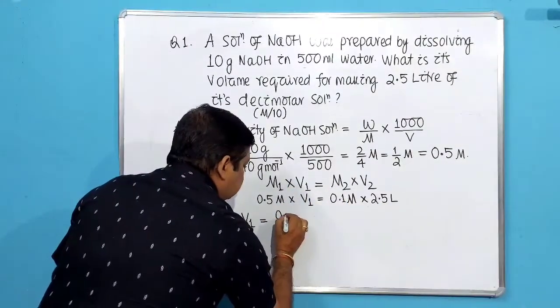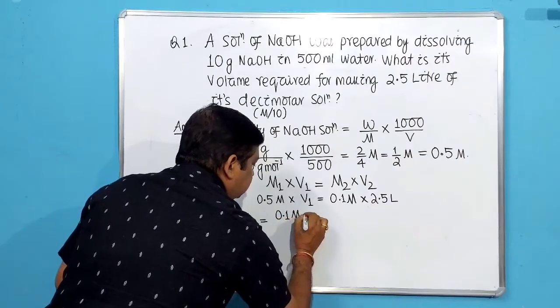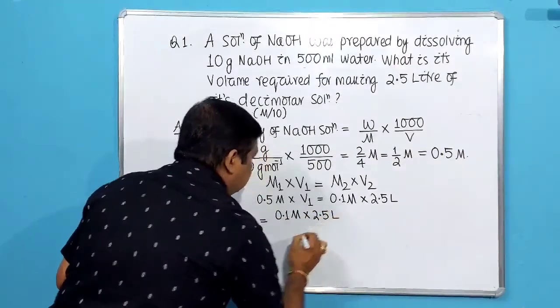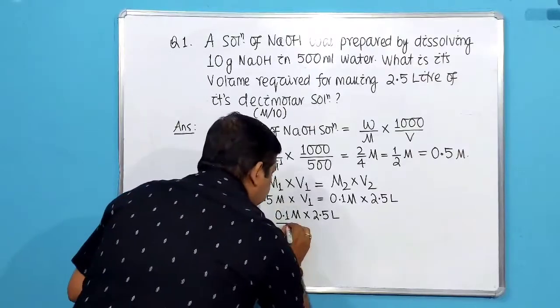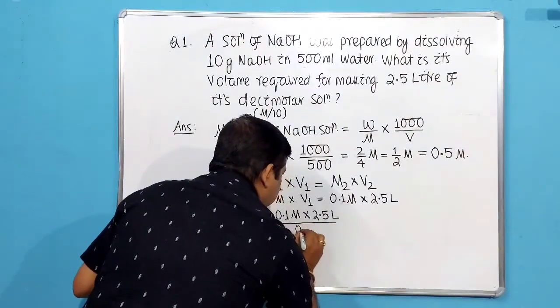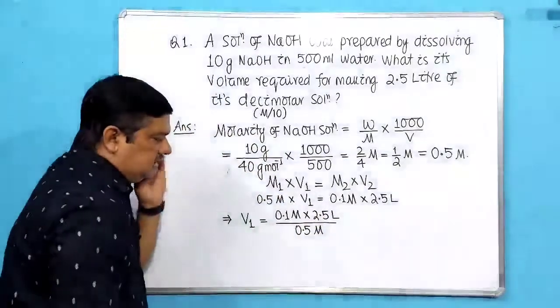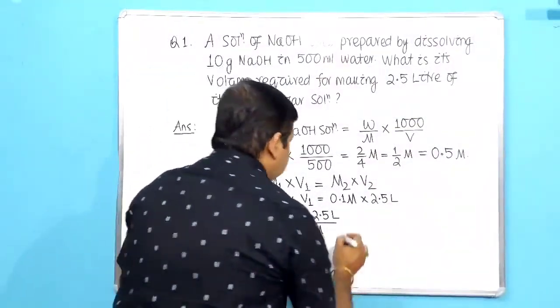That means 0.1 M into 2.5 liter divided by 0.5 M. What will be the unit? M will cancel out. Unit will be liters.